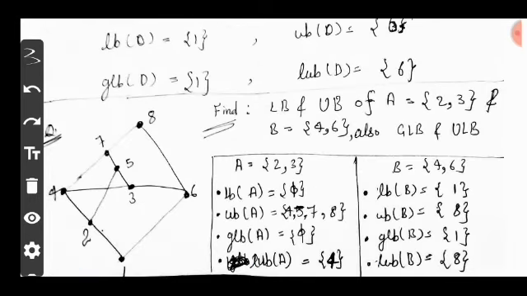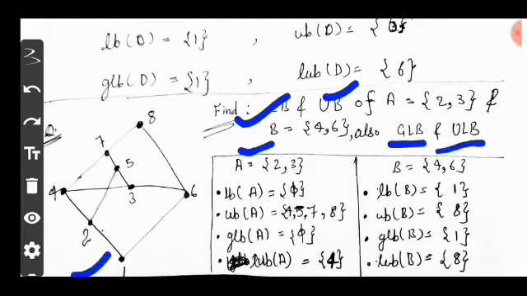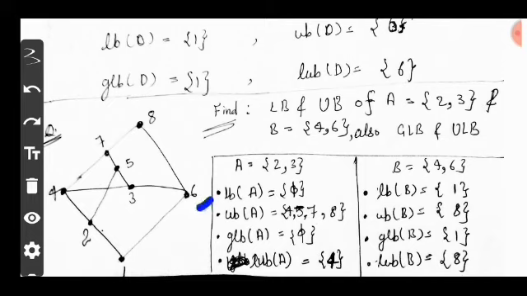Now move on to the next. Find the LB and UB of A 2, 3 and B 4, 6, also GLB and LUB. According to the given Hasse diagram, the LB for A does not exist because 2 and 3 are not succeeded by a common element, so it contains no lower bound.